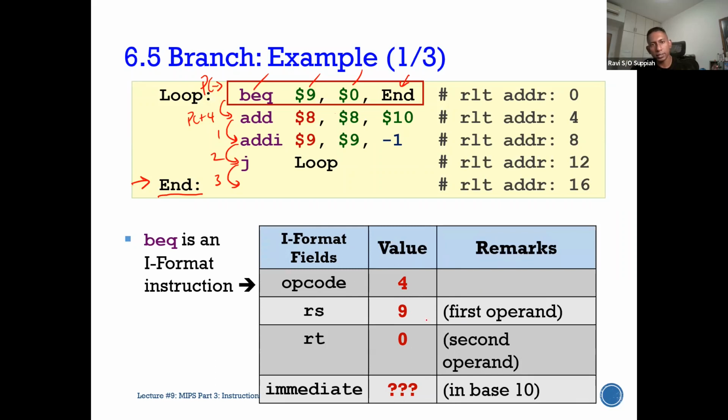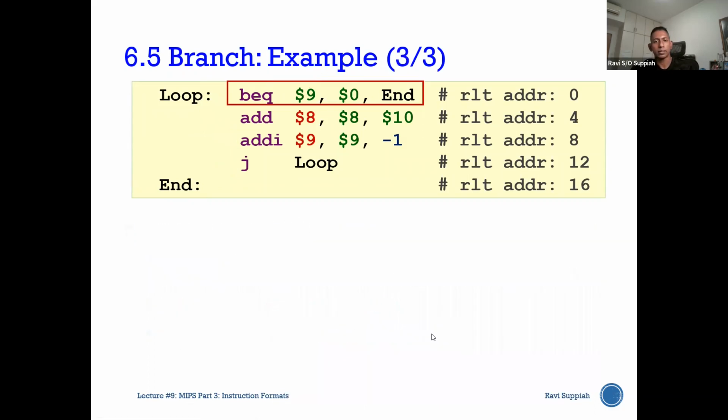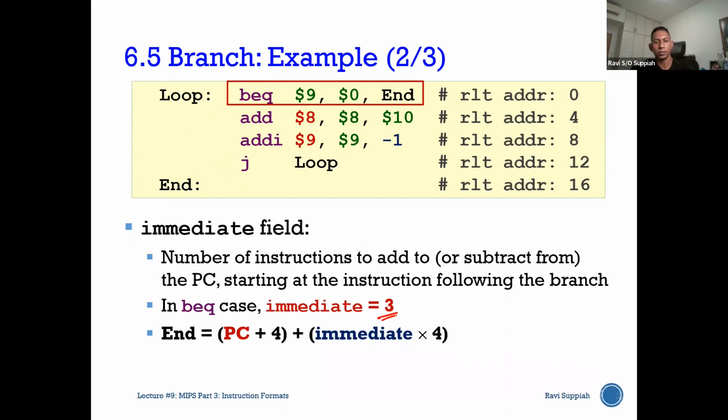RS is 9, RT is 0, and we just do the comparison whether they're equal or not, and then the immediate value is the number of lines of offset. In this example, the immediate value is 3. Why? Because this is PC and this is PC+4, and from PC+4 I am 3 lines away to the label called N.